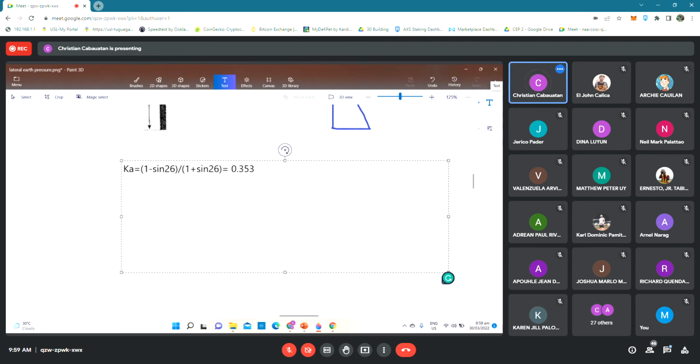Okay? And then we determine its PA at the upper layer, or the value at the 0 level.